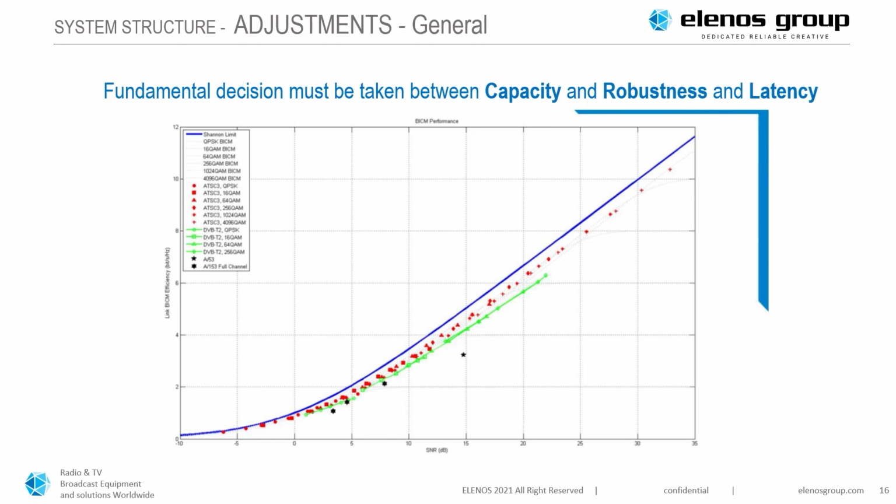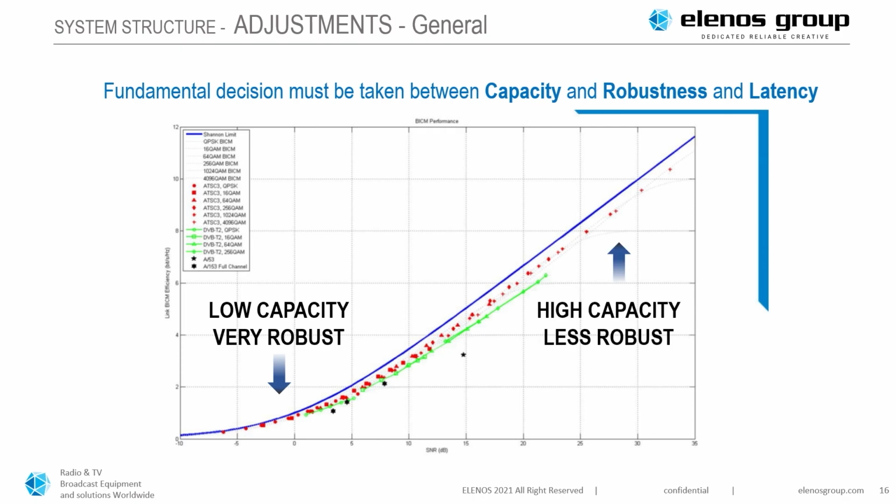The first decision as a broadcaster you're going to have to make is, who is my customer? What kind of receiver will they have? Will they be maybe inside a car, watching this on a phone? That way you would actually have to do something like a low capacity but very robust signal.